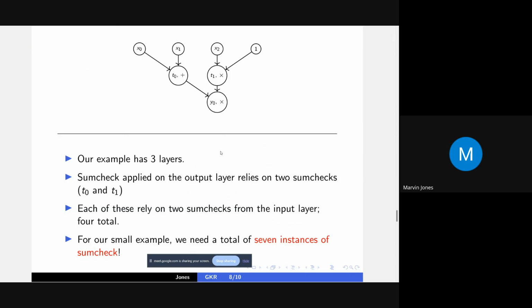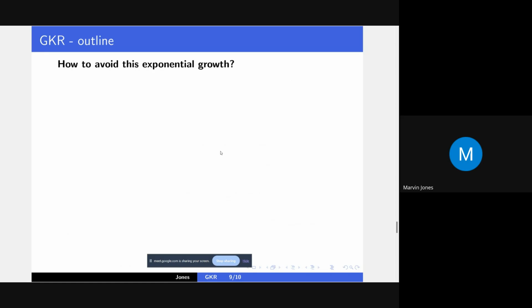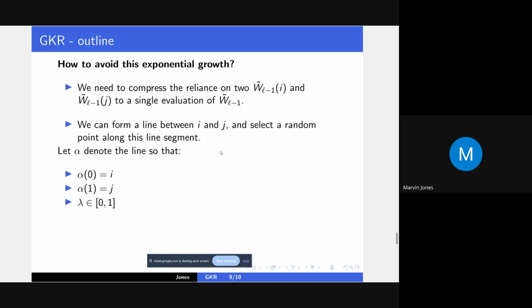So obviously, if I were to increase this by another layer, it would just continue to expand. The way that you get around this and maintain a functional protocol is you compress that calculation that relied on these two values into a single expression.